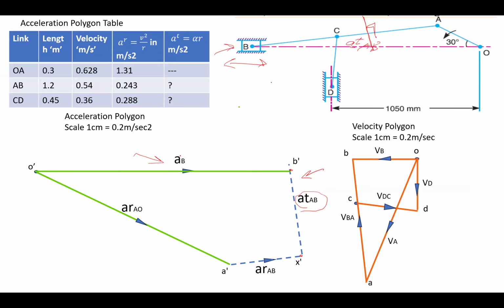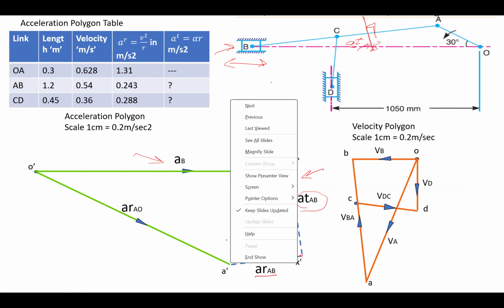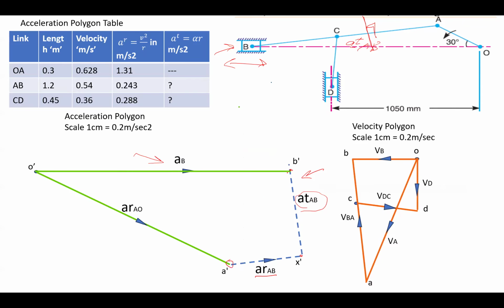Now you have to draw the net or resultant acceleration of AB. Observe that the radial component starts at A dash and the tangential component ends at B dash. So join these two points by a solid line, which represents the net or resultant acceleration of AB.